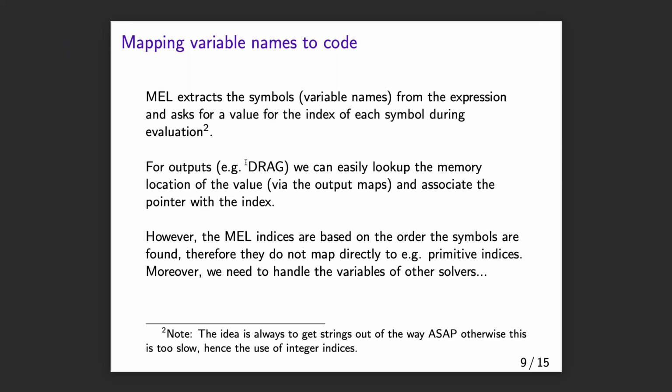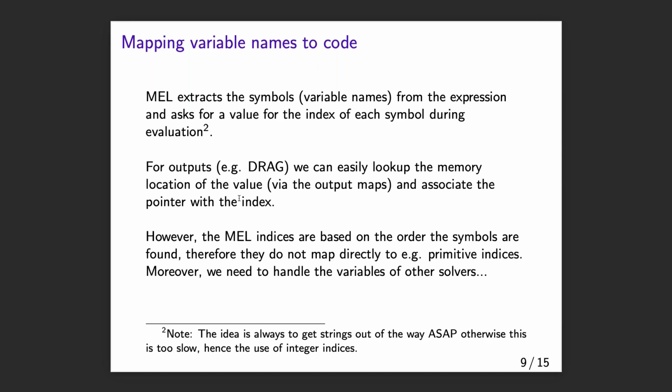For history outputs like drag or lift, we can easily look up the memory location of where we are storing this value in the output, since we have this output maps, and then we can easily associate the pointer to this value with the index that the expression library wants to use.